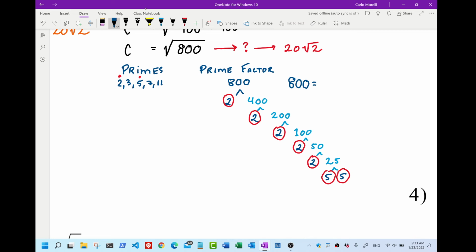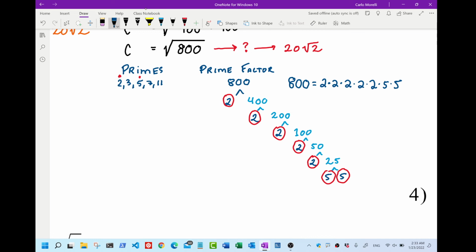What do I mean by product of primes? I mean 800 is equal to 2 times 2 times 2 times 2 times 2 times 5 times 5. Okay, so that's pretty cool.